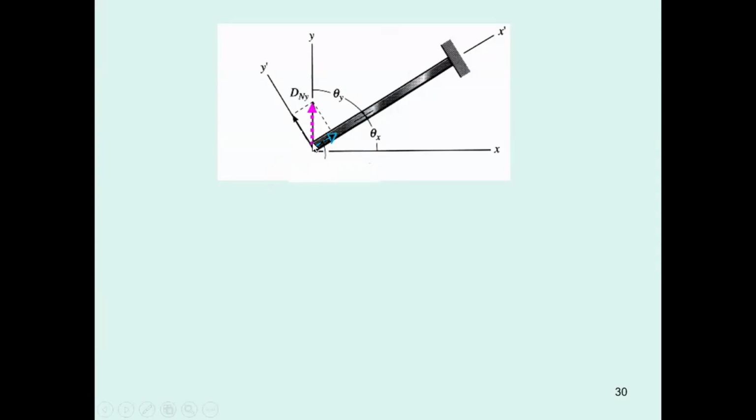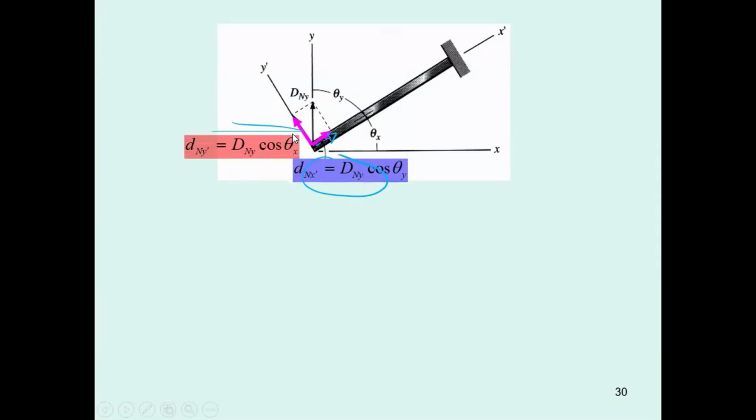Okay, so this one is going to be capital D ny cosine zeta sub y. This one cosine zeta sub y, and for this one is going to be capital D ny cosine zeta sub x. Now you do the same for the c-axis.